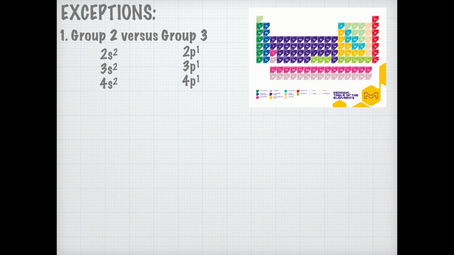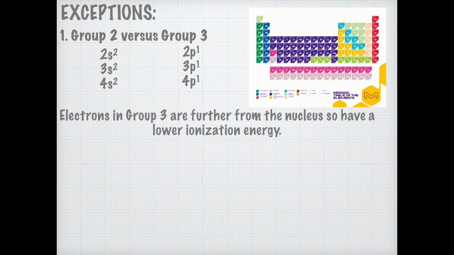So if you're removing an electron from 2p, that is farther from the nucleus than 2s, which means it's going to be easier to remove, because it's not experiencing the same pull from the nucleus. So group 3 actually has a lower ionization energy than group 2, which goes against the trends we just talked about. That's because the electron being removed is from a sublevel that is further from the nucleus. So that's the first exception.